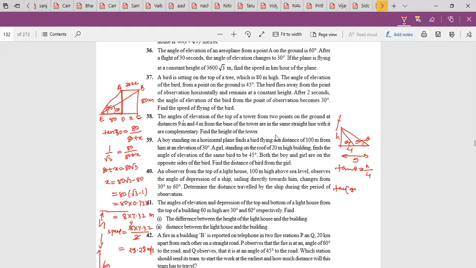Tan 90 minus theta is equal to h by 9, so cot theta is equal to h by 9. Tan theta into cot theta is 1. So h by 4 into h by 9 is equal to 1. h squared is equal to 36, so h is equal to 6. Application of trigonometry, I think last week only you have written the test.